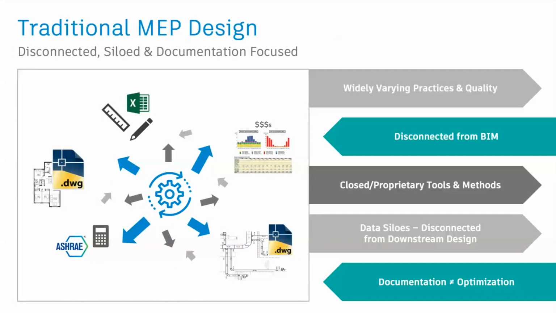So we're shifting, as we're seeing in industry, especially as engineers start to use more BIM tools, from this old-fashioned way of using multiple different analog and digital tools, many of them disconnected from the BIM process, producing these data silos where everything is very much locked in. It's not open and exposed, and very much a black box in some cases. And the focus has been on documentation rather than optimization.